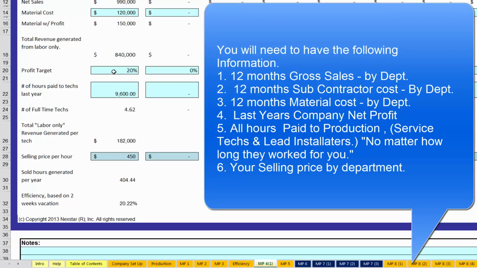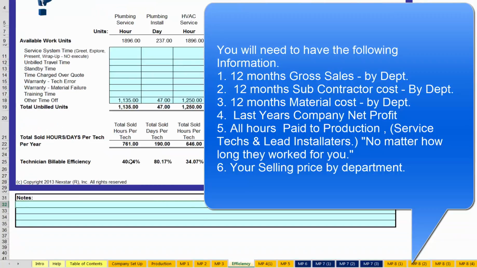What was your company net profit last year? Put it in here, and then put in the number of hours paid by technician, and then plug in your selling price. And that'll spit out your efficiency. So then you can come back here and change your efficiency and make it to what it truly is.